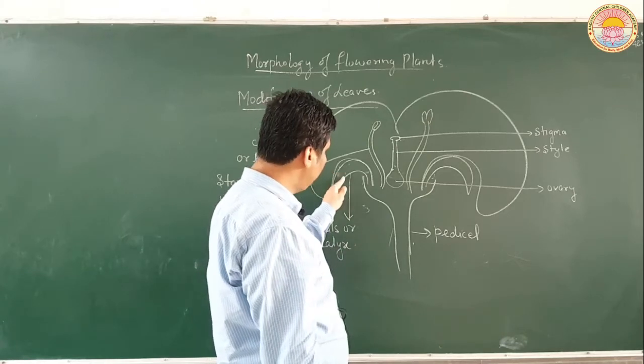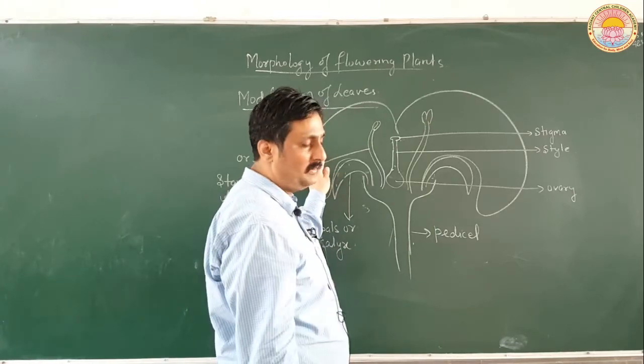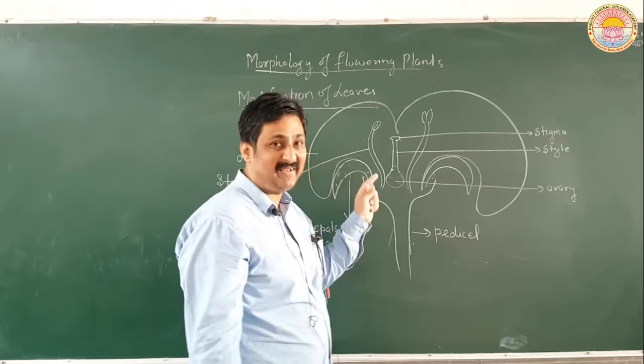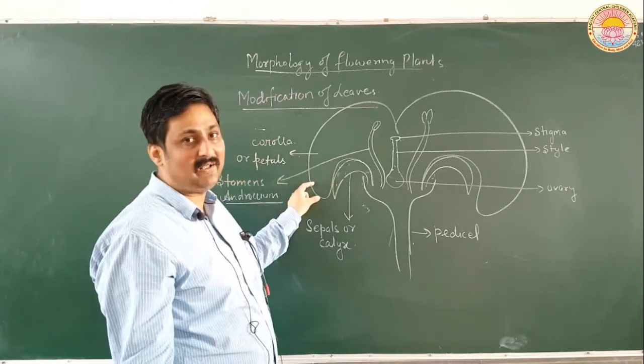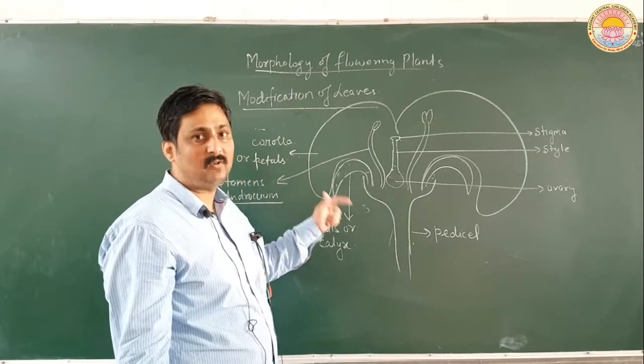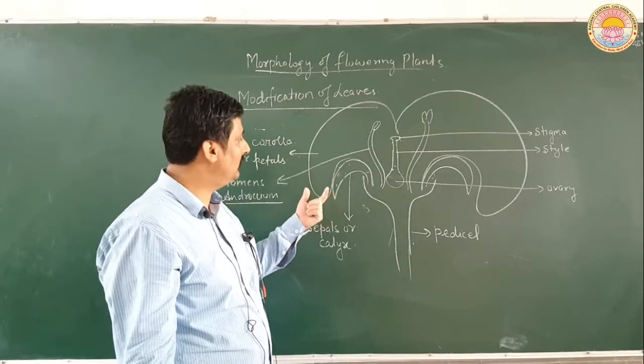This is the sepal, this is the corolla, or you can say petals. The function is to attract insects, or pollinating agents.